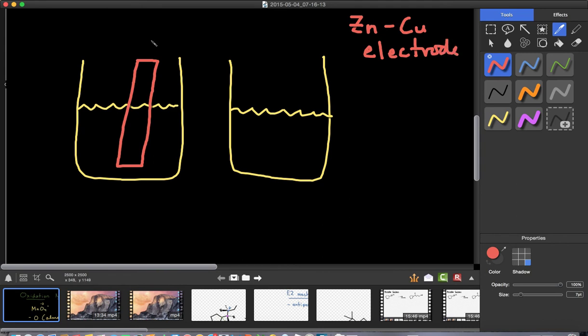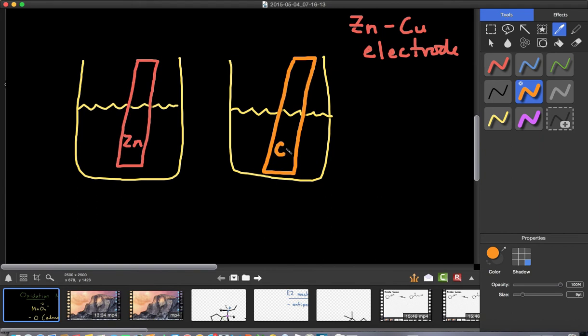So I will have a very thin plate of metallic zinc in one of my beakers that's immersed in a solution. And the solution would be something like zinc sulfate.